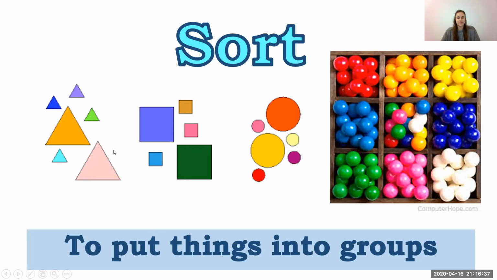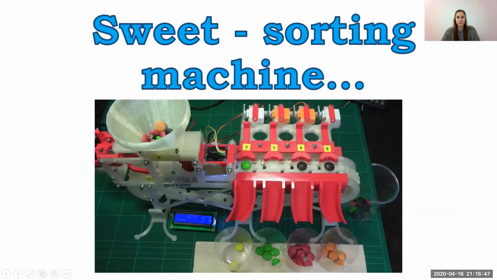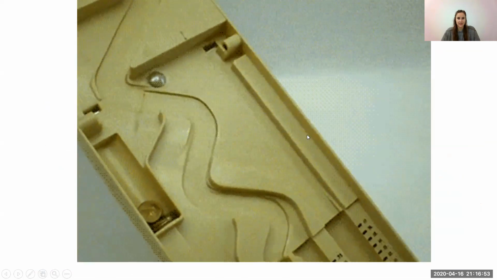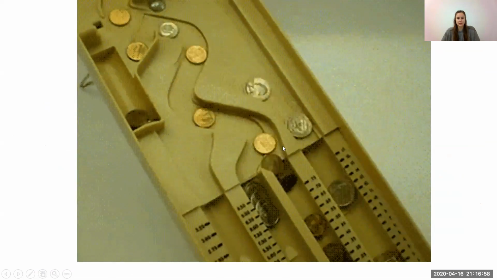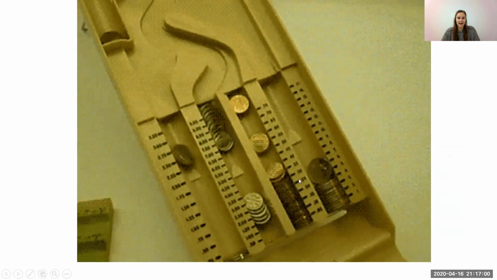Okay, so remember, to sort means to put things into groups. So we can sort things into groups according to their shapes, according to their colors, according to their size, or according to their properties. So here is a sweet sorting machine. It is sorting the different sweets according to their color. Okay, this is a coin sorting machine. It is sorting the coins according to their size.